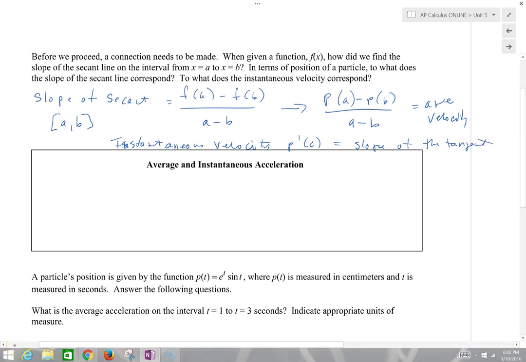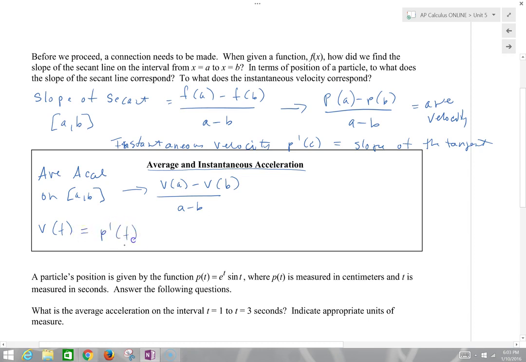Alright, so we talked about average and instantaneous velocity, but we can do the same thing with average and instantaneous acceleration. So average acceleration is going to be the velocity slope. So we have v of a minus v of b all over a minus b. v of t is equal to p prime of t.